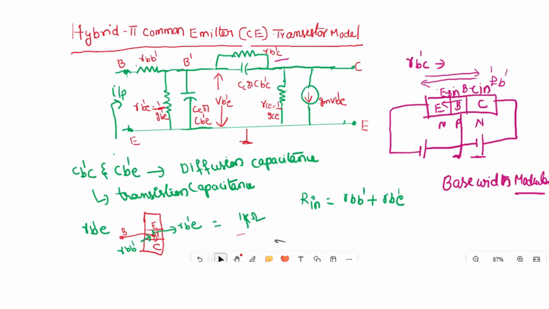This is the feedback concept. To include it, you must indicate it by a component, and that component is RB'C. I already explained that RB'C helps CB'C to discharge or to charge.